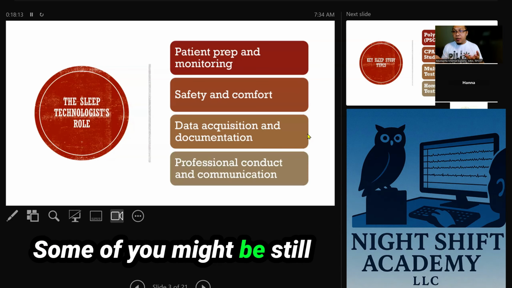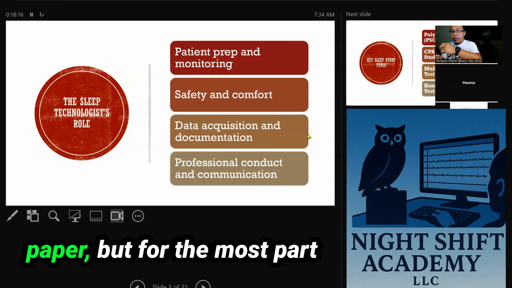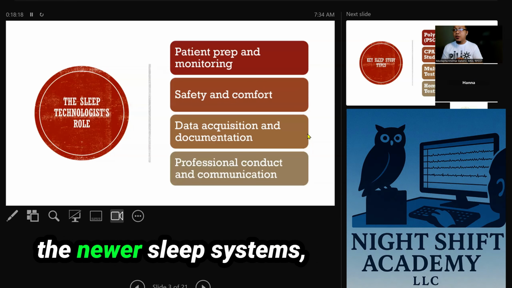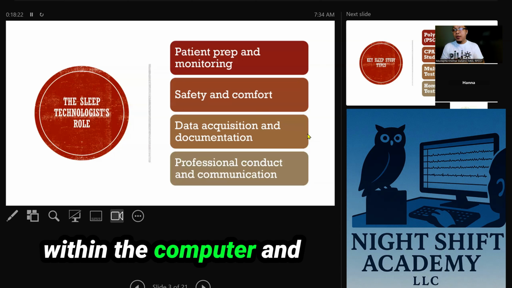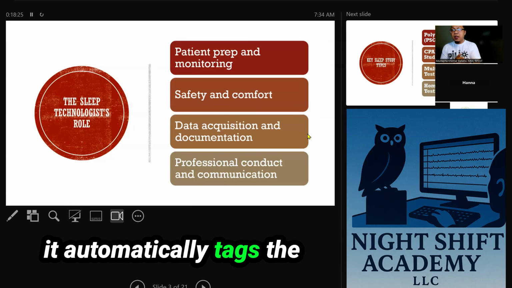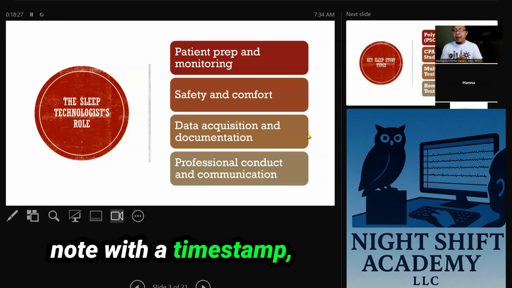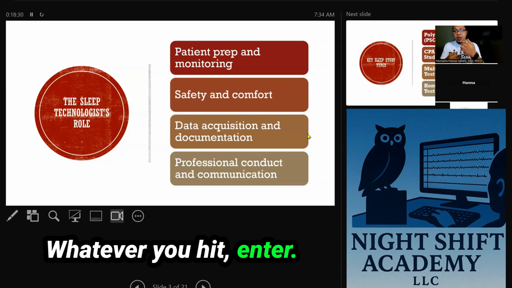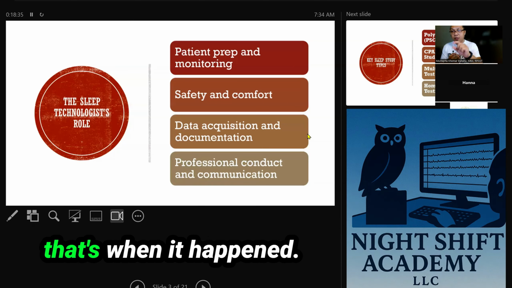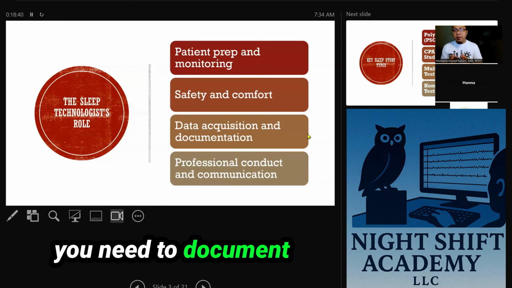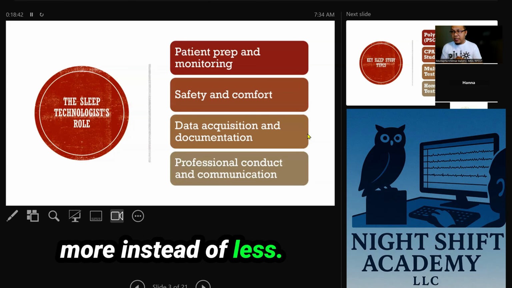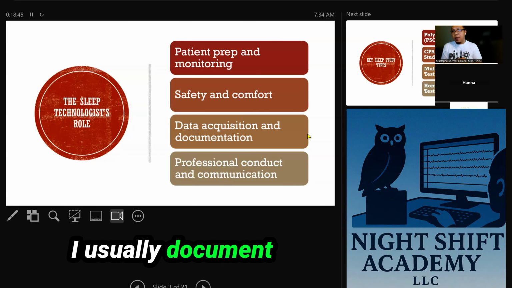Some of you might still be using paper, annotating on paper, but for the most part, with the newer sleep systems, you can annotate everything within the computer. And it's all automatic: the note with the timestamp, whenever you hit enter, when that note is entered, that's when it happened. So remember that you need to document more instead of less. I usually document just the regular one every half an hour.